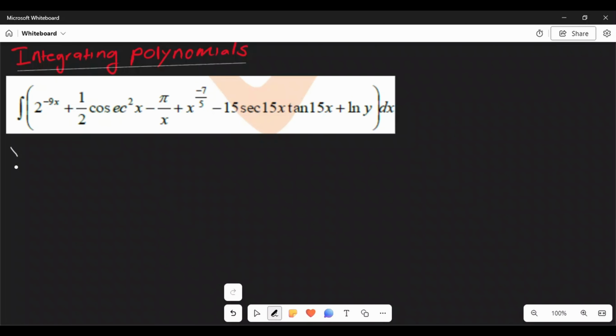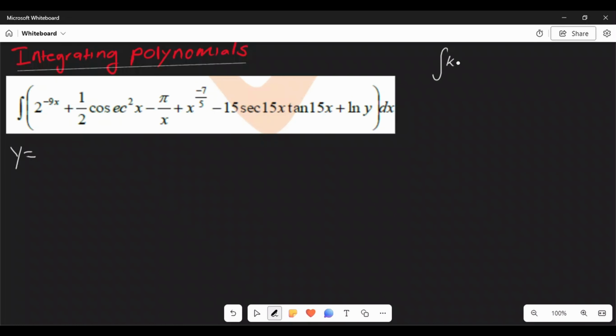When you integrate, usually we equate this to y, and then we start integrating. Let's look at the first term here. As you can see, the first term, we have 2 to the power of negative 9x. Our x here is an exponent, so we're going to use the exponential integral. Just in case you don't remember, we have a formula for the exponential integral which goes like this.